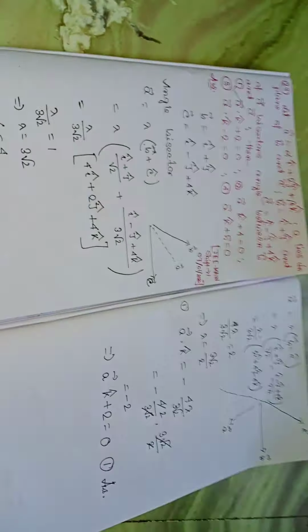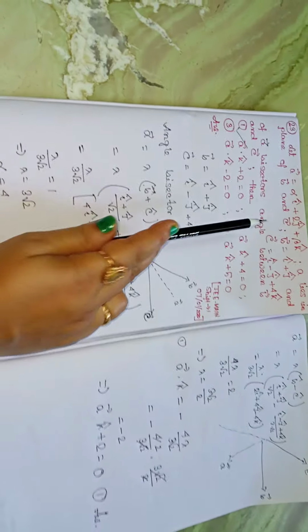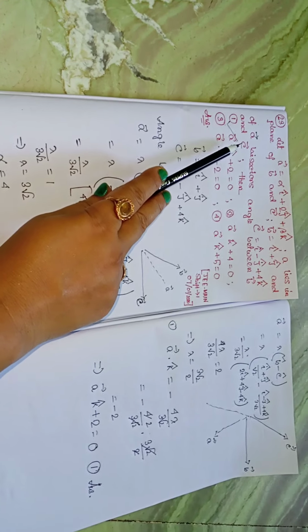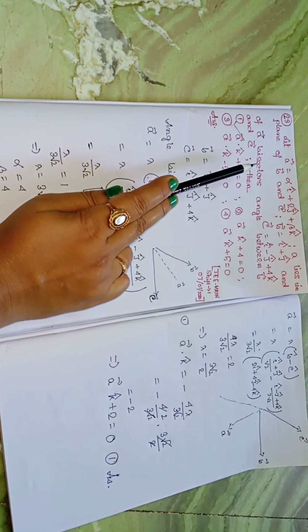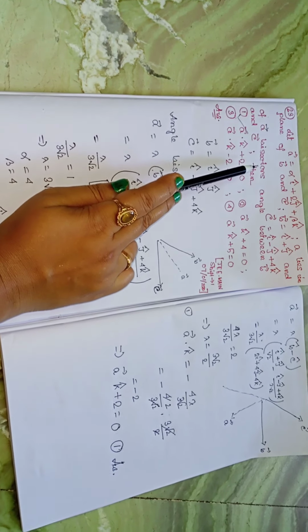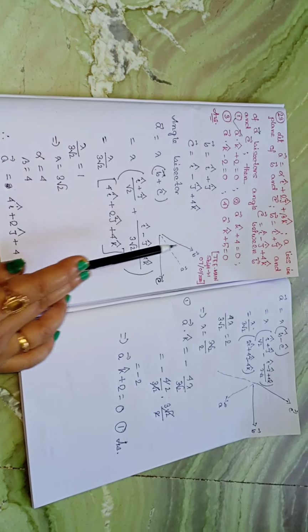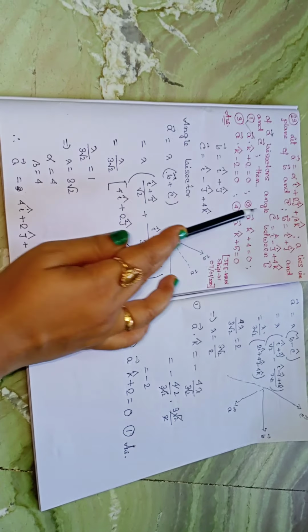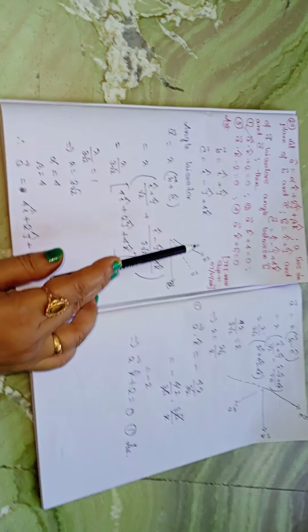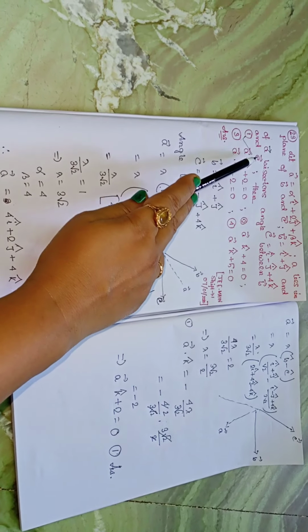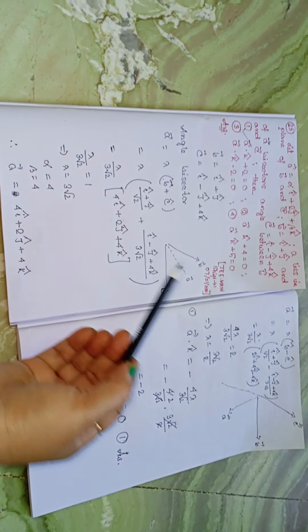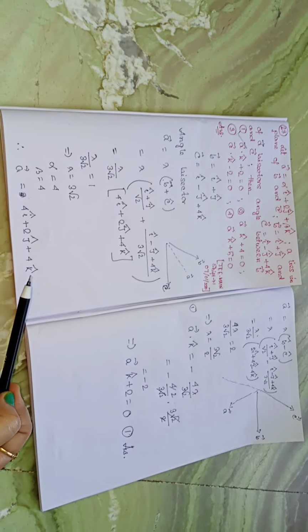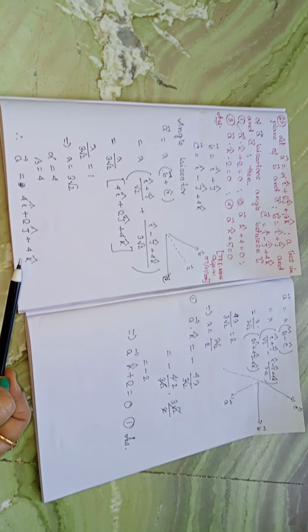Here the question is not clear about what kind of bisector A is. If it is not clearly told, then if vector A is the bisector of the angle between B and C, we easily get that our first answer is always correct.